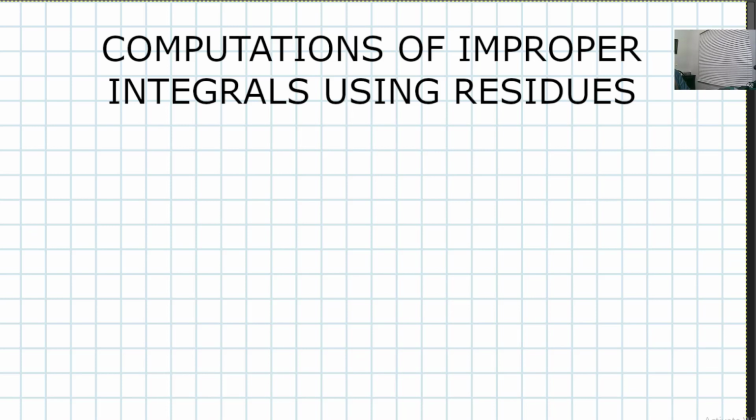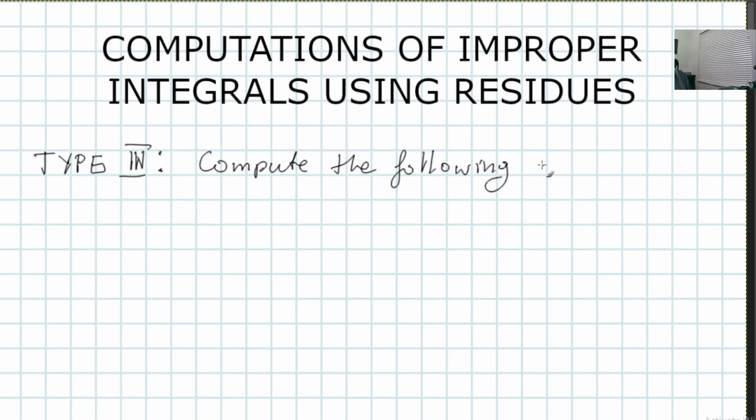So let us continue our topic, and let's go to the integrals of the type 3. We assume that we have a given function, so that means compute the following improper integral.